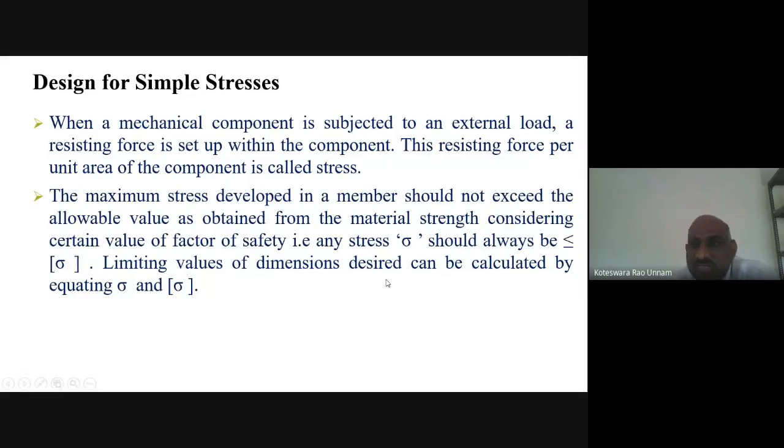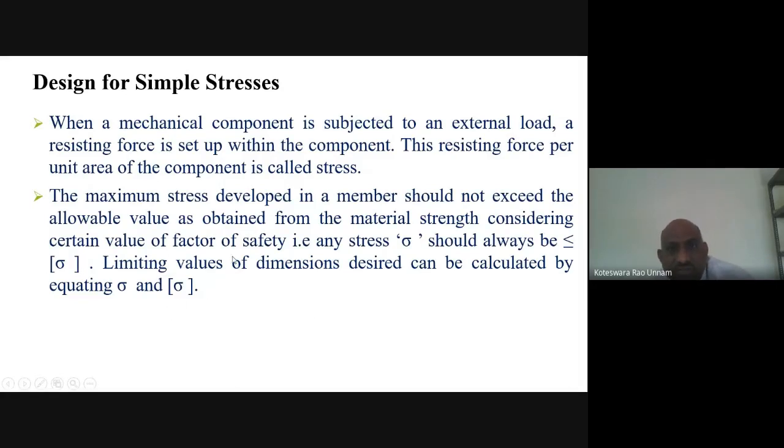Limiting values of dimensions can be calculated by equating sigma to sigma allowable. The notation sigma within the bracket, we'll take as sigma allowable. What we discussed in the previous slide comes again here. If sigma is equal to sigma allowable, then based on that we can calculate the dimensions of the component.